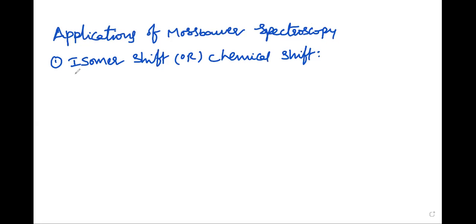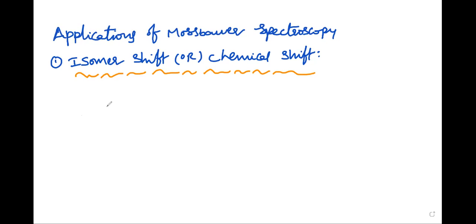The isomer shift in the Mössbauer spectra reflects differences in the s electron density around the emitter and absorber nuclei.